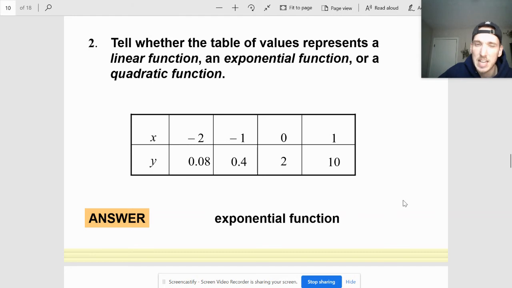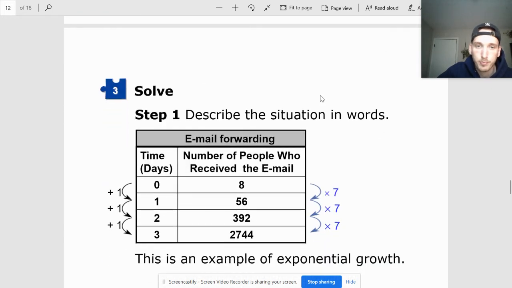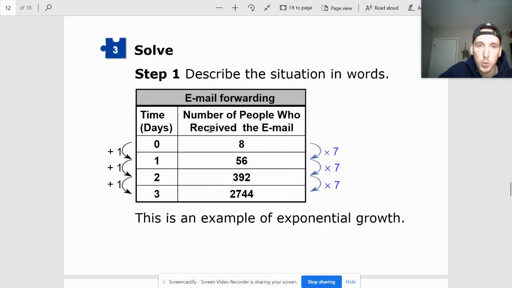And that makes sense, because exponents are repeated multiplication. Let's look at another example of exponential really quick. This situation is the number of days and the number of people who received an email. Day 0, 8 people received it.